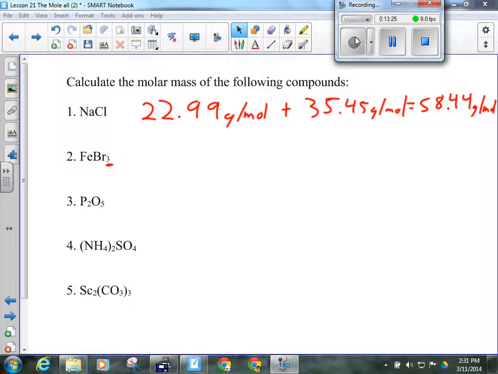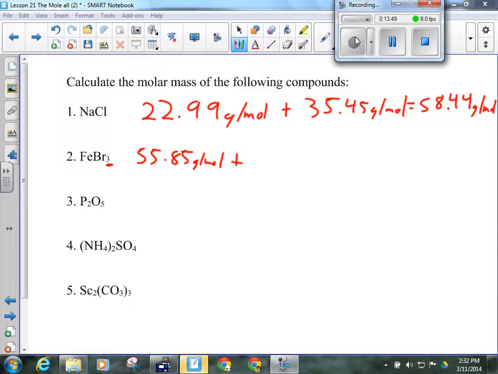Let's look at number 2. I've got iron 3 bromide as my compound here. I have 1 atom of iron. When I look up iron, it's 55.85 grams per mole. How many bromines do I have? 3.